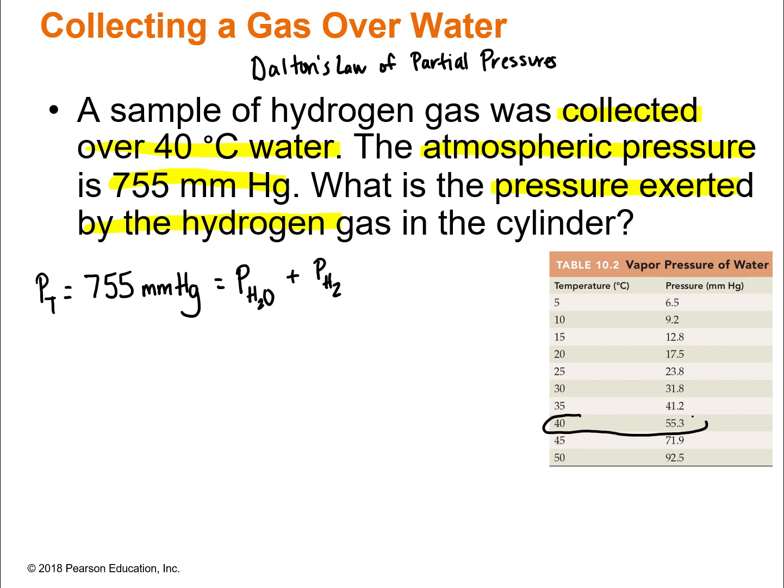I gave you the partial chart. Here you go. So that's in millimeters of mercury. Again, watch your units with the gases. That's always the trickiest part, making sure you have the right units. But our total pressure is in millimeters of mercury. The partial pressure of the water is also in millimeters of mercury. So that should work out nicely.